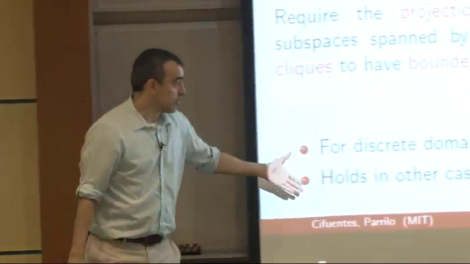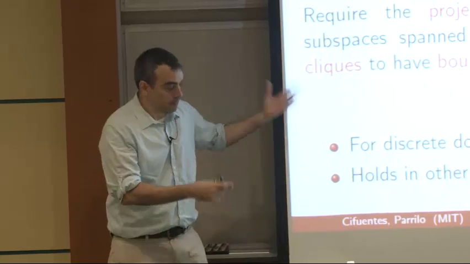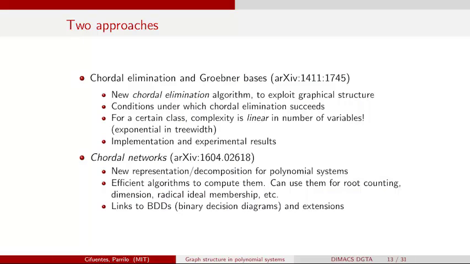Good. So this is really the picture, and the question is, what can we do with this? The point is we're going to be able to do a number of things. I want to describe two basic ideas. One has to do with an algorithm that will solve polynomial systems preserving this kind of structure, with the notion of something we call chordal elimination.